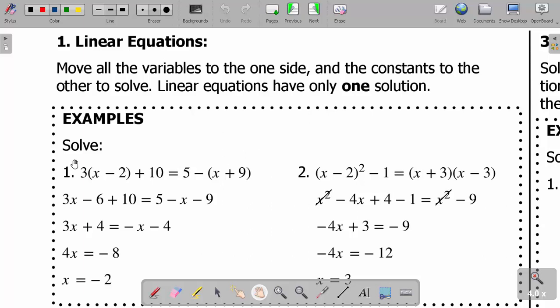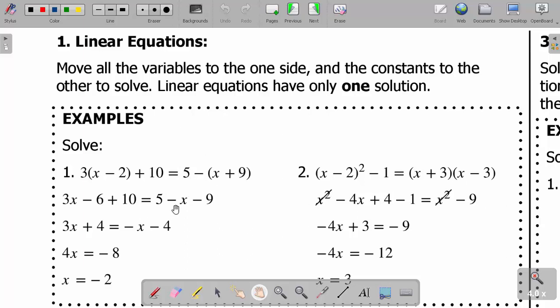For example, solve 3(x - 2) + 5 = 5 - (x + 9). Open brackets: 3 times x is 3x, 3 times minus 2 is minus 6, and then minus 1 times x is minus x, then minus 1 times positive 9 is minus 9.